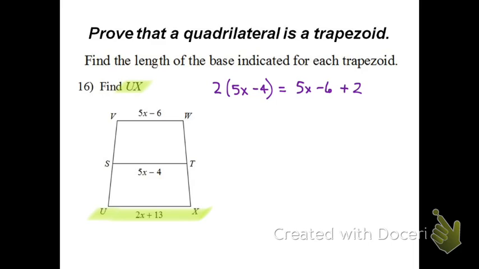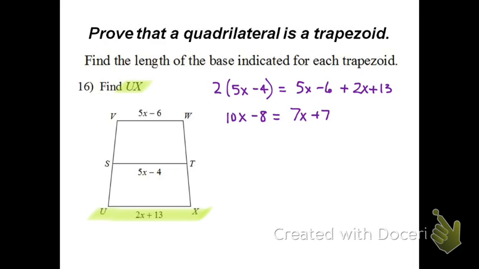Alright, so let's finish that one up. 2x plus 13. And we can go to work. Okay, now simplifying. Came up with 10x minus 8 is equal to, simplifying the right hand side, 7x plus 7. Okay.